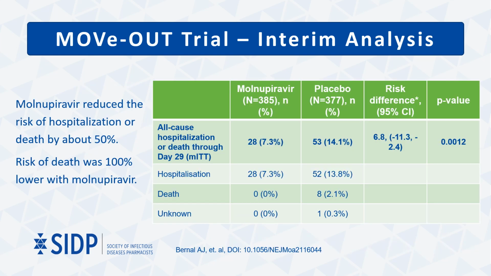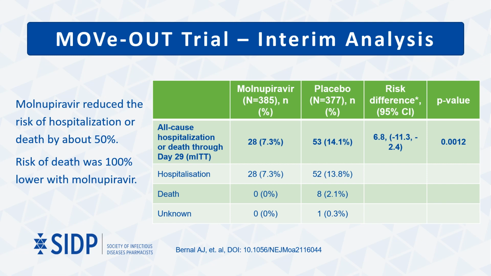At the interim analysis, these were the data that actually generate a lot of excitement with Molnupiravir. At this point in time, there were 385 patients in the Molnupiravir group that were evaluated and compared to 377 placebo-treated patients. When we're looking at all-cause hospitalization or death through day 29 with the modified intent-to-treat analysis, there was a reduction in the risk of hospitalization or death by about 50%, and this was statistically significant.